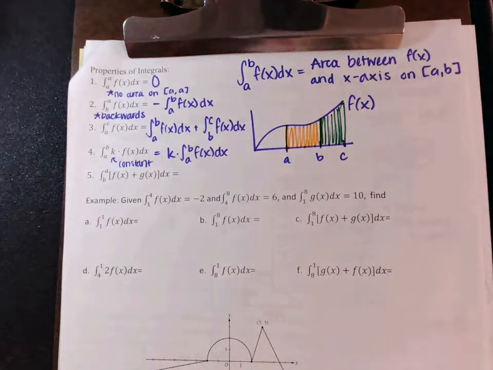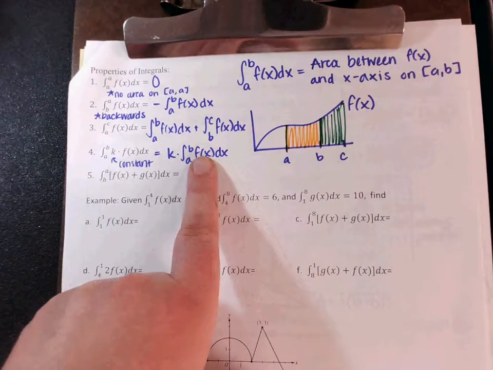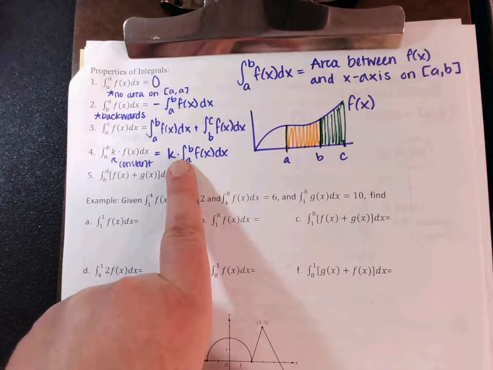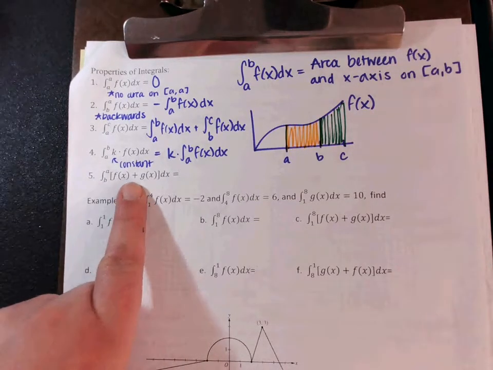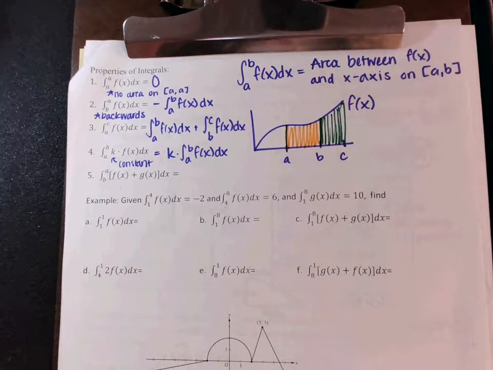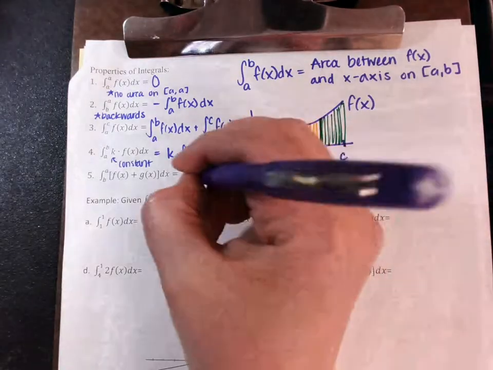So if you have a constant inside the integral, you can find the area and then just multiply by the constant afterwards. And then the last one, if you have two functions, f and g, and you want to integrate their sum, then just like limits, you're allowed to separate them into separate integrals and then add the answers together. So this is what that would look like.